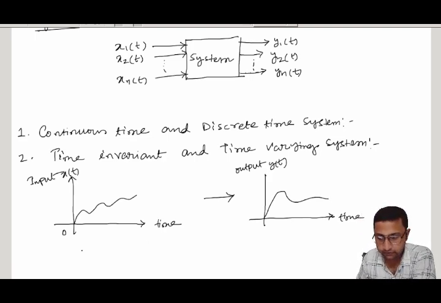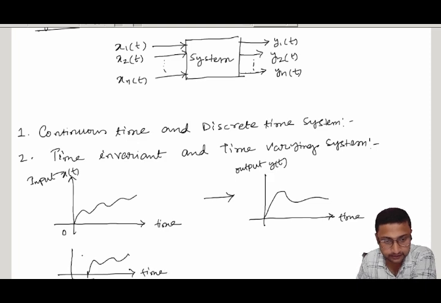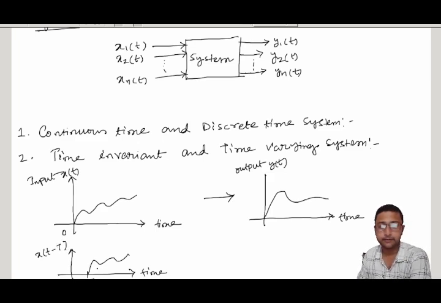But if we draw a system in that manner, there is a phase shift or time delay capital T. That means the system will start after T seconds. This is the time axis and this is your input signal, x(t minus T). There is a phase shift.